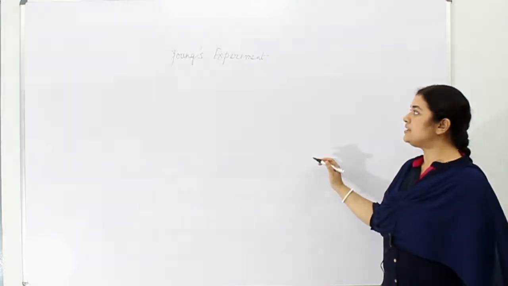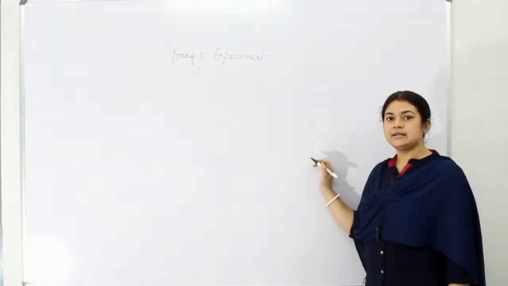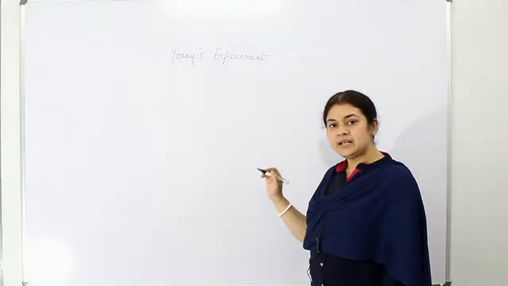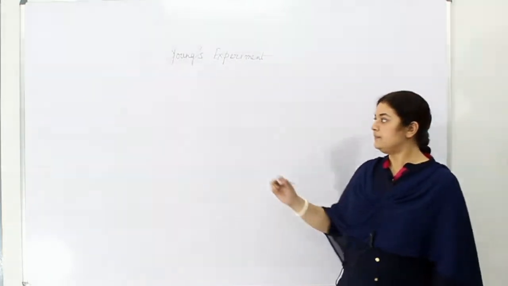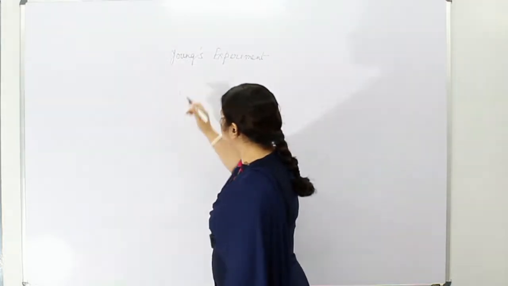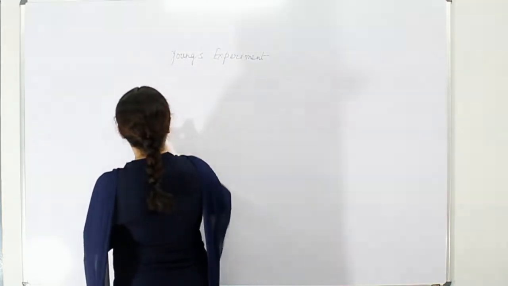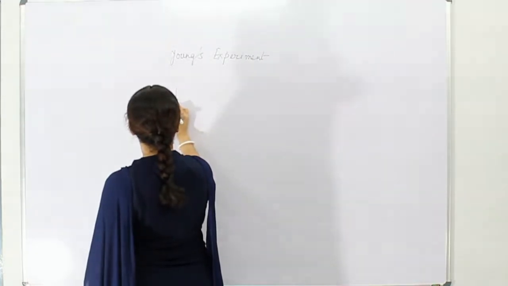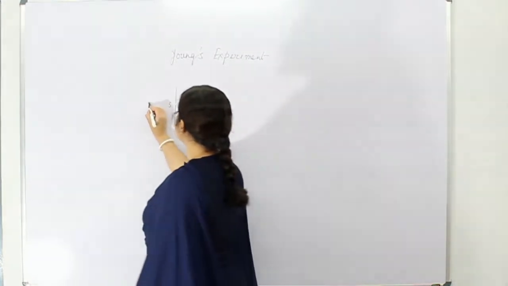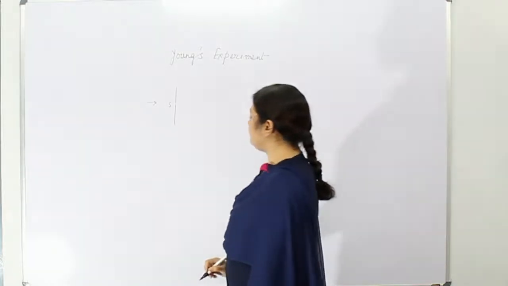Young observed the interference of light using a pinhole. He passed sunlight through the pinhole. Suppose this is a pinhole. Sunlight is made to fall on this hole.